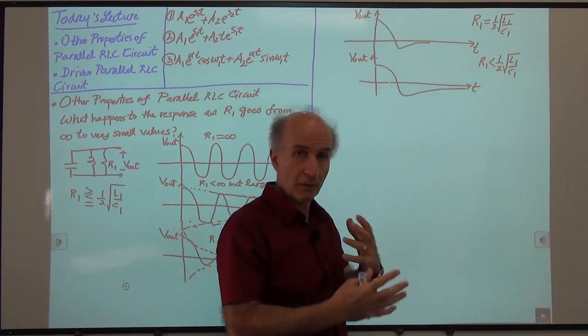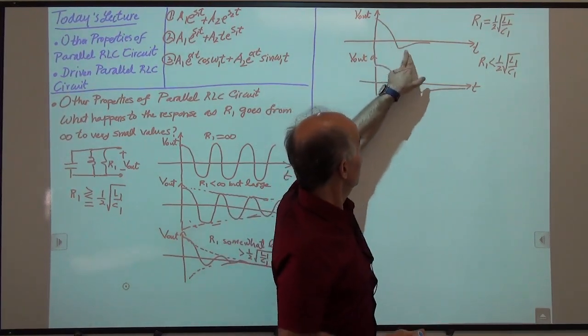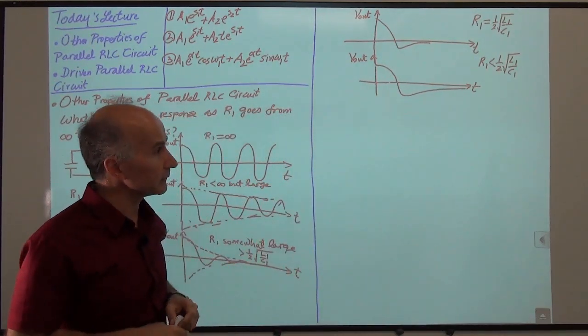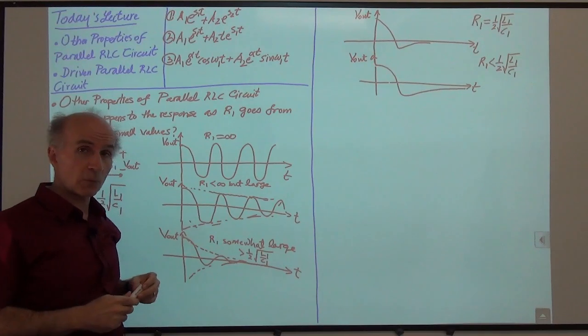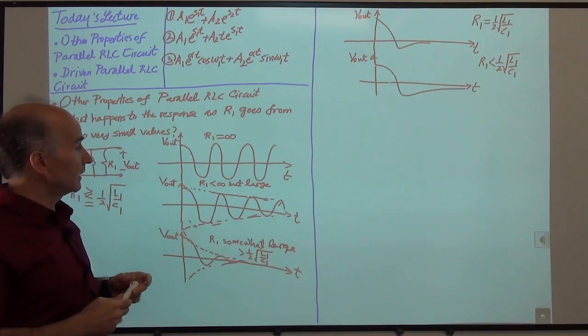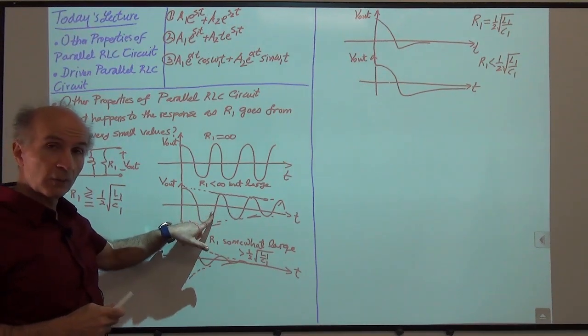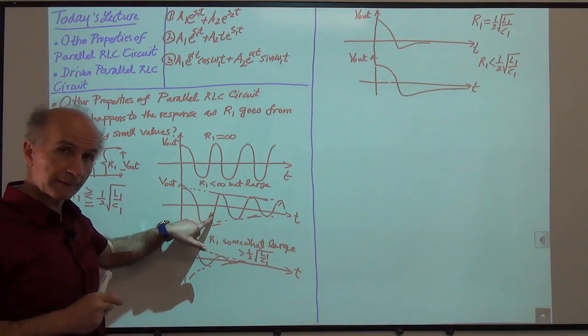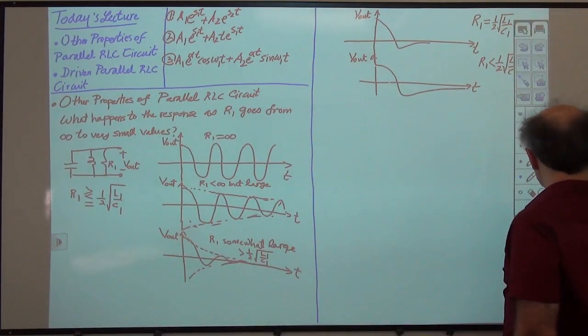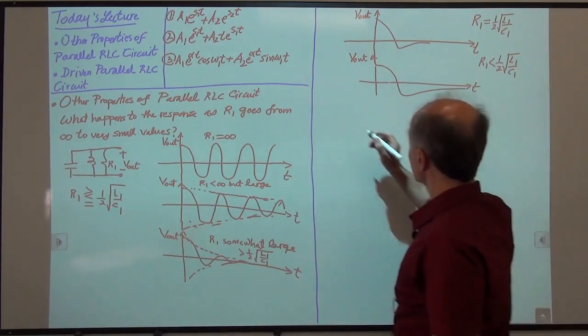So we try to choose the values such that we can reach the final value in as short a time as possible. But there are some cases where actually we don't want to do that. And here's an example of a case where we want to do something different. So let me give you a quick example to show you how this works.